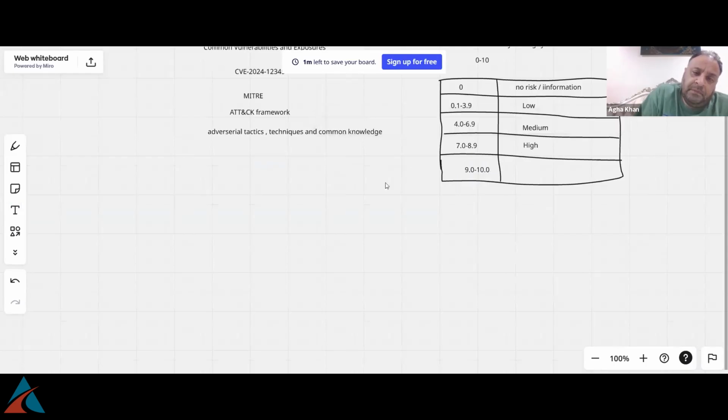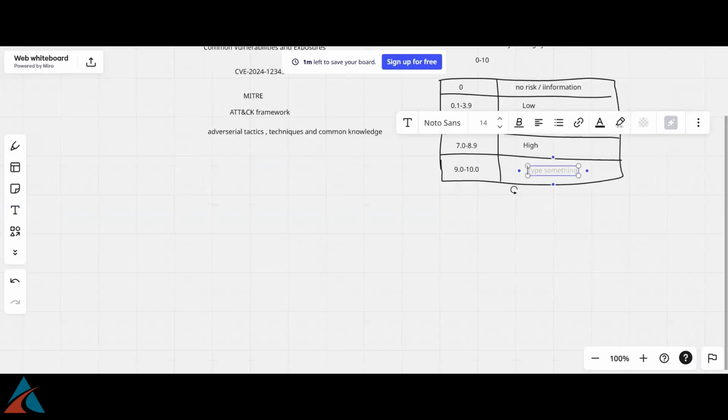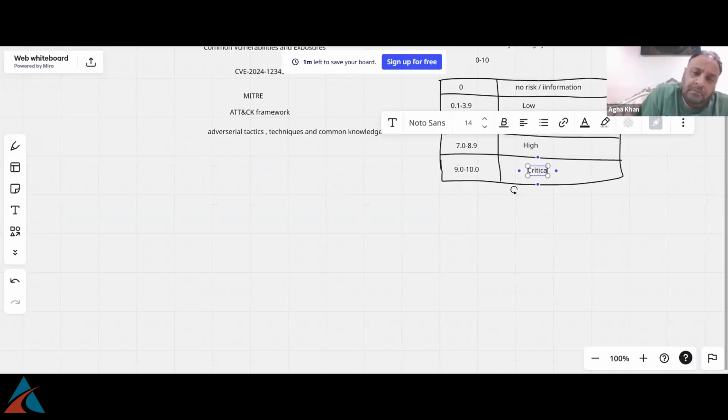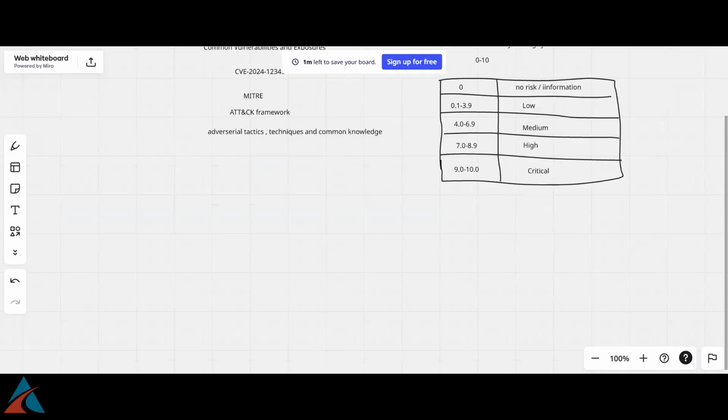Severe. This is critical vulnerabilities. So critical vulnerabilities are those which require immediate attention. This can be very harmful for your organizations.